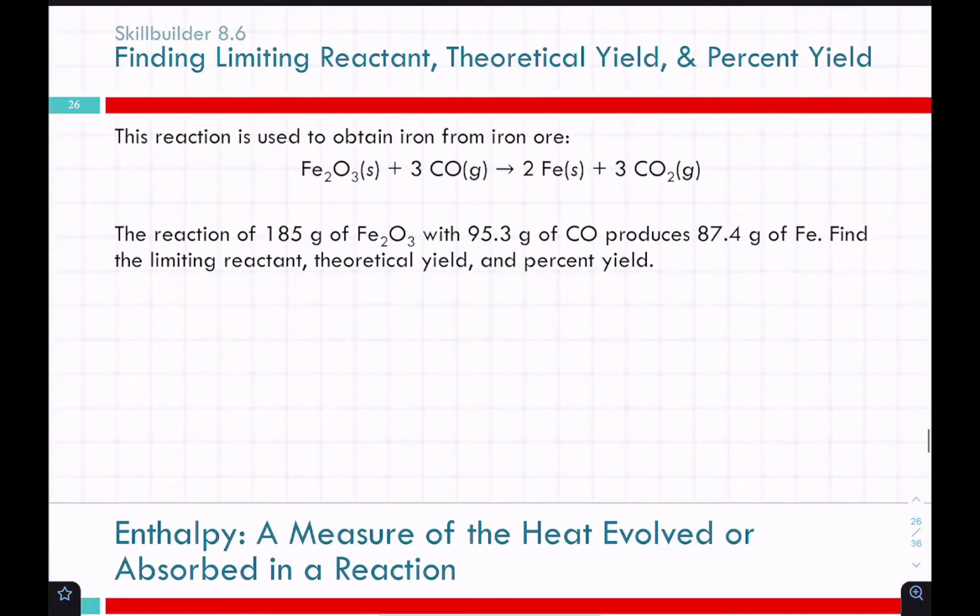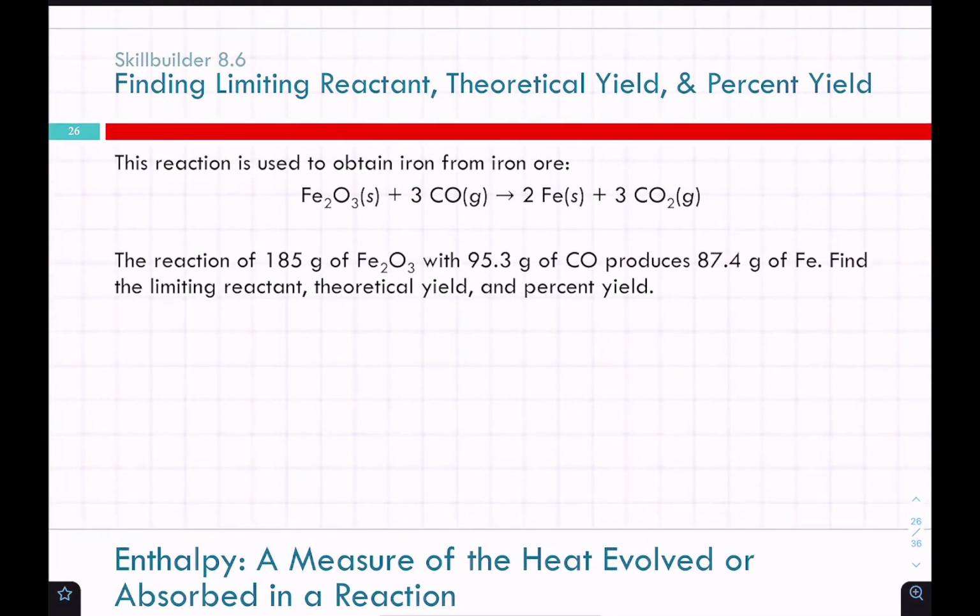Okay. Perfect. So now we're getting a chemical reaction where we have two different products. And we're also given, and this is important, this will guide the way we decide how to do things here. We're given an amount of iron.